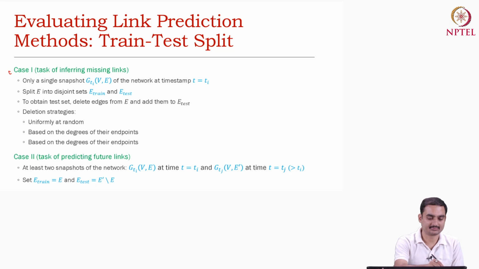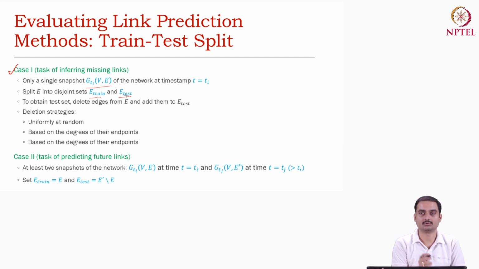In case of inferring missing links, that is, missing link prediction, not future link prediction, we are given a static network, and we try to split the edge set E into a training set E train and a test set E test.